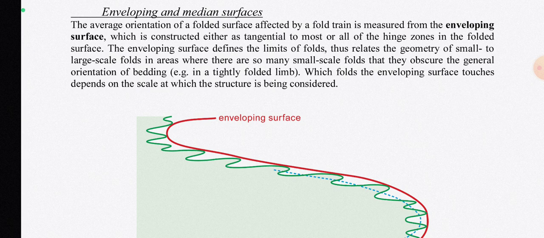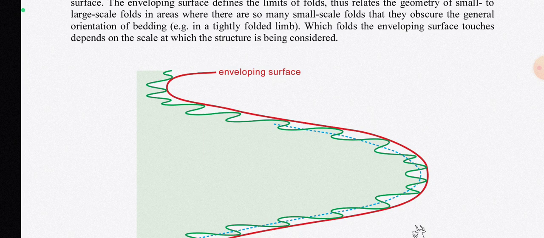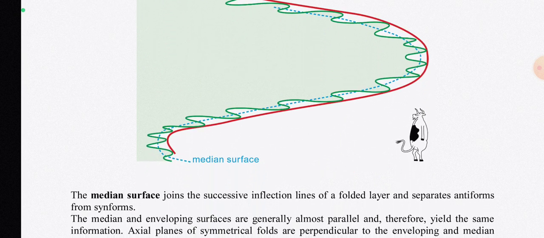The enveloping surface defines the limits of folds, thus relating the geometry of small to large scale folds in areas where there are so many small scale folds that they obscure the general orientation of bedding. For example, in a tightly folded limb, which folds the enveloping surface touches depends on the scale at which the structure is being considered. So this is the enveloping surface. You can see the enveloping surface.